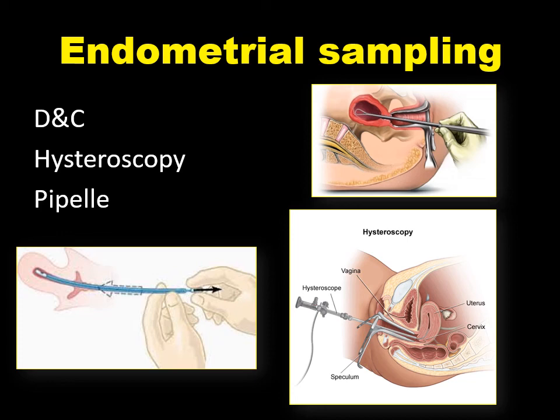With hysteroscopy and sampling, we insert a camera, visualize the uterine cavity, and obtain a sample from the abnormal area that we recognize.